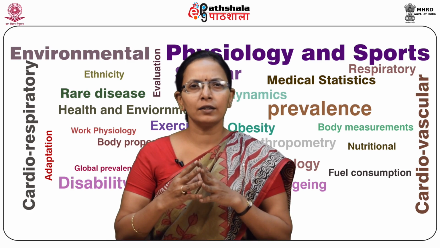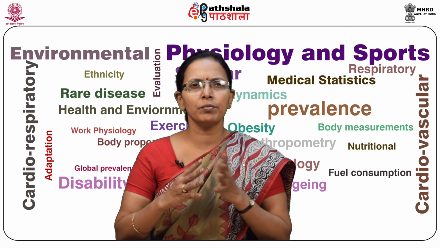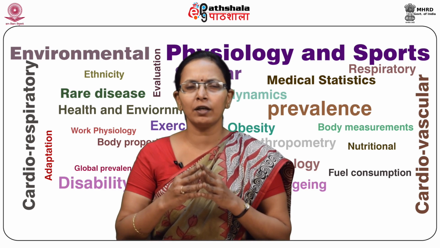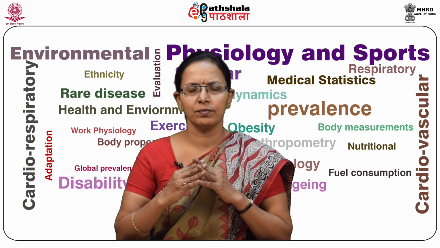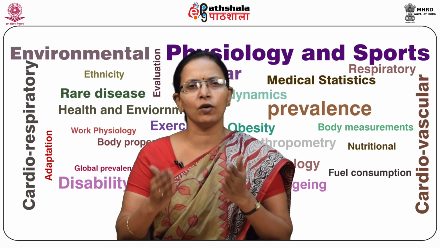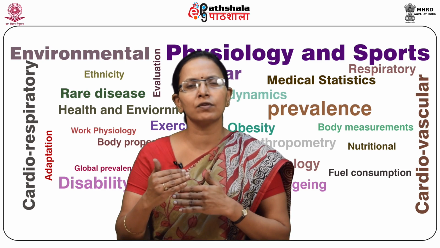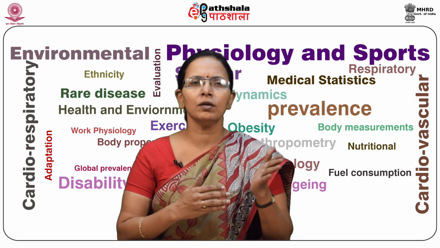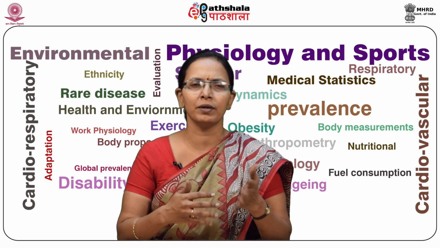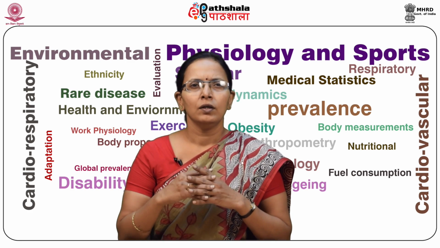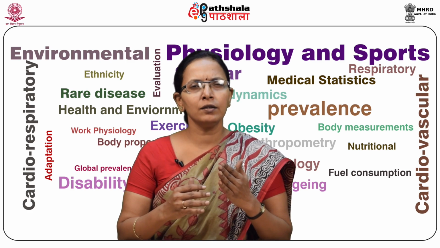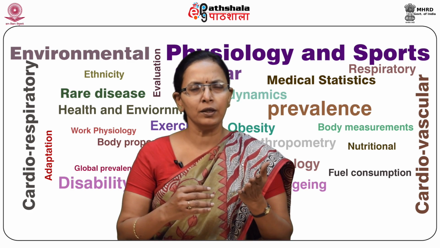As we all know, ethnic group is a very important determinant of the lung size and the ventilatory capacity of our lungs. But it does not influence the capacity of the lung to transfer oxygen into the blood. The capacity remains the same, but the lung size may vary. On the basis of ethnic origin, the lung sizes were found to be different.